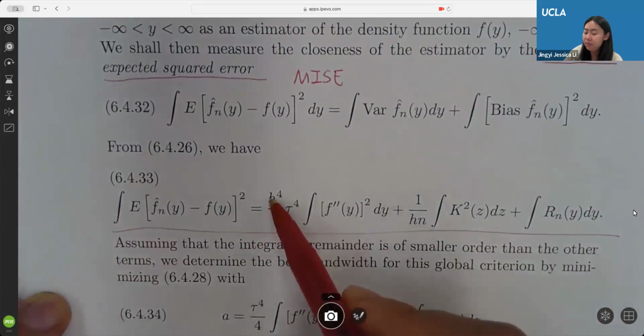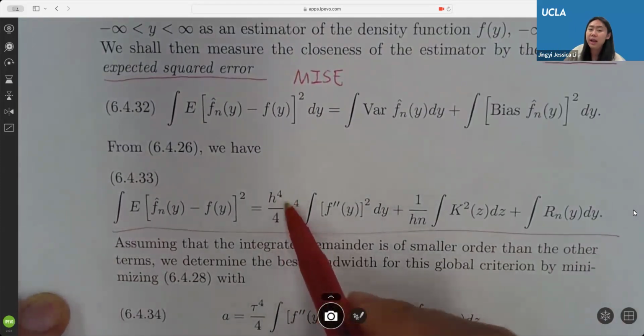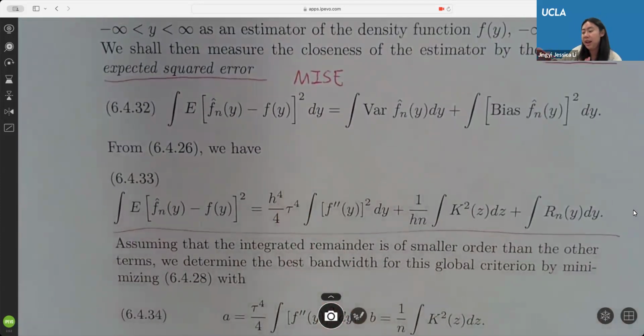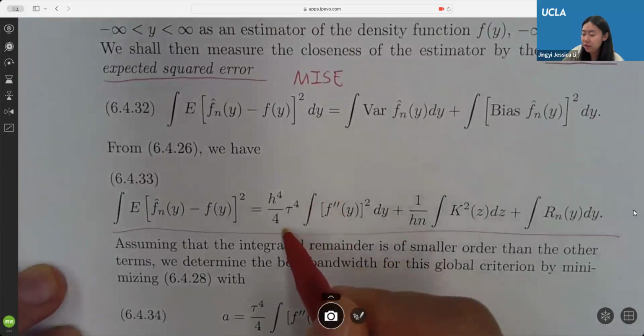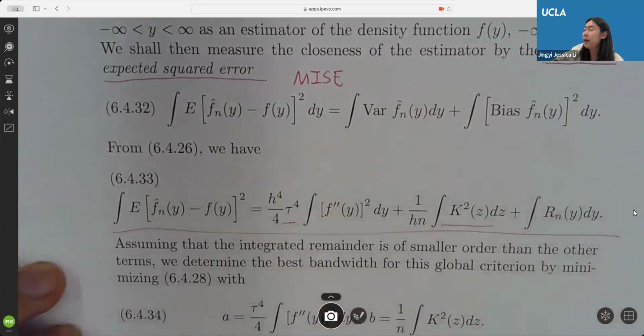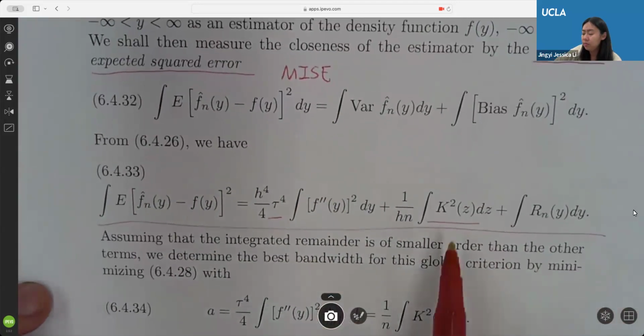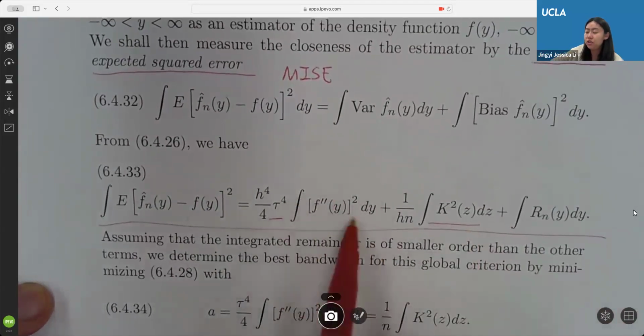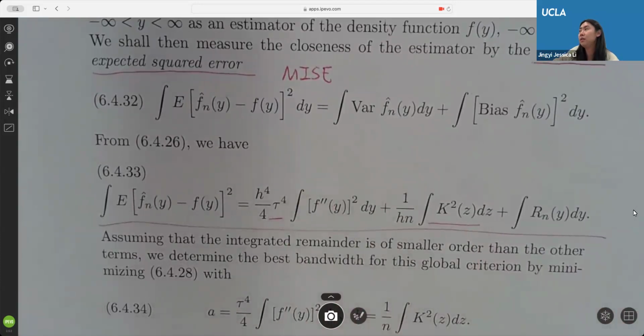Because we talked about how to optimize the bandwidth, and the optimal bandwidth, if you just consider n, the order is always n to the negative 1/5. But if you also want to consider the constant in your optimal bandwidth, then the constant will involve this tau and also this. So tau squared depends on k, the kernel. This one depends on the kernel, and this depends on just the second derivative of the true density.